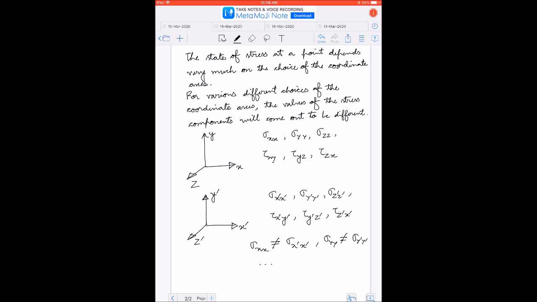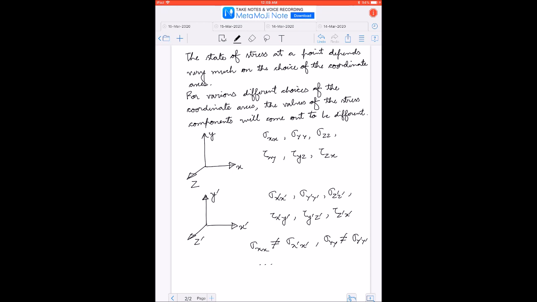But despite this apparent difficulty, what is true, however, and this is very, very important, and what this chapter is really all about, is that once you have the information about the stress components in one particular coordinate system, it is very much possible to mathematically obtain the stress components in another coordinate system.